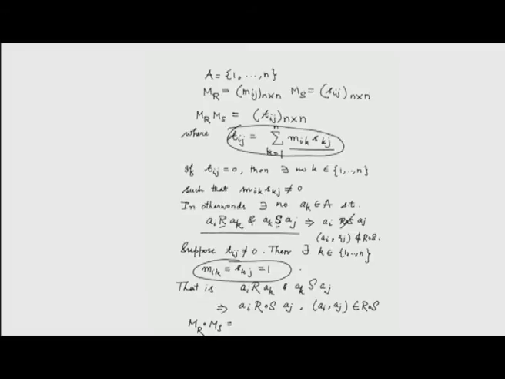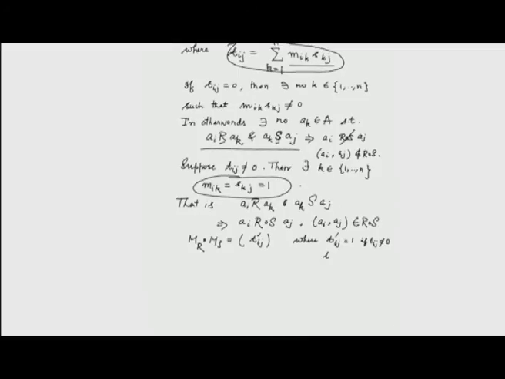We write that this is equal to T-dash_ij, where T-dash_ij is 1 if T_ij as we have defined above is not equal to 0, and T-dash_ij is 0 if T_ij equals 0.